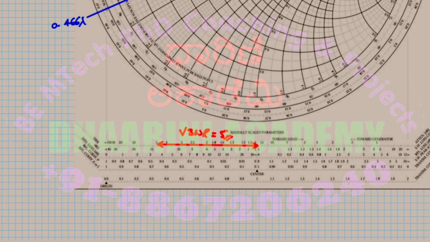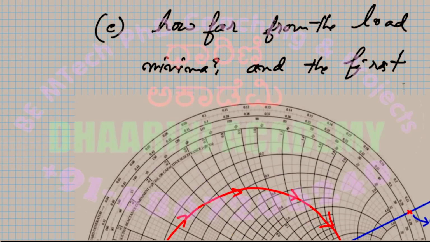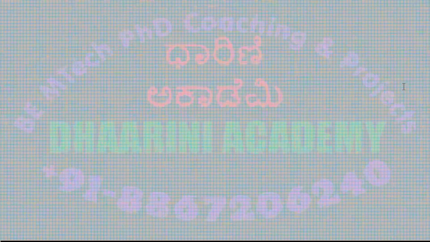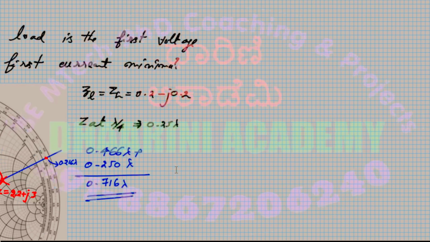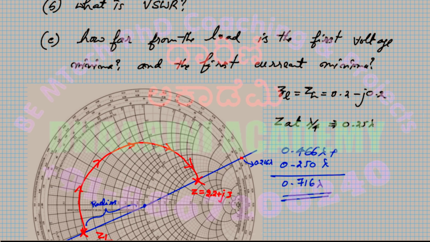So the next part is interesting. Let's read the next part of the question once. It says, how far from the load is the first voltage minimum and the first current minimum?